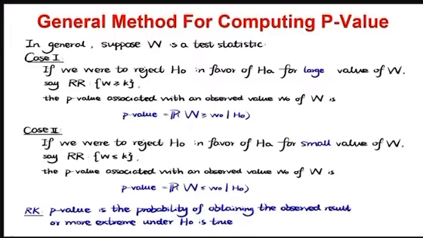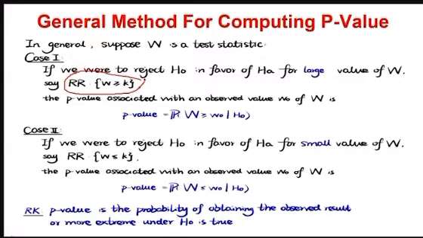Okay, now let's say you've got a rejection region. We want to reject H naught in favor of the alternative for large values of W, because when the value of your test statistic is very high, that confirms the deviation of the observed data from the null hypothesis.